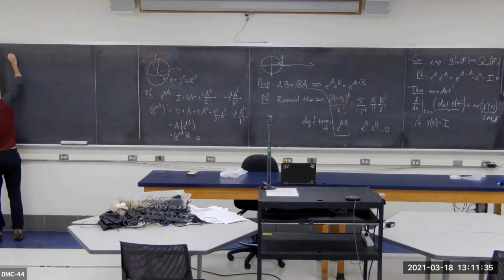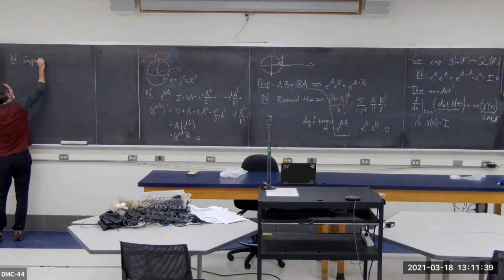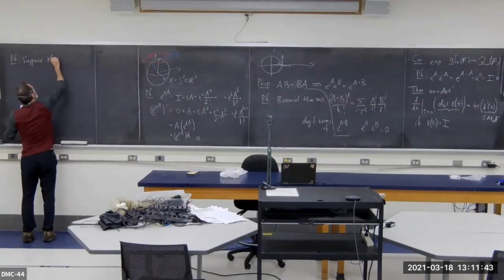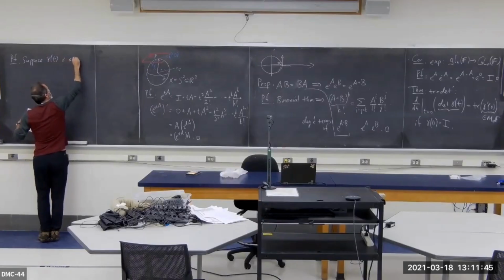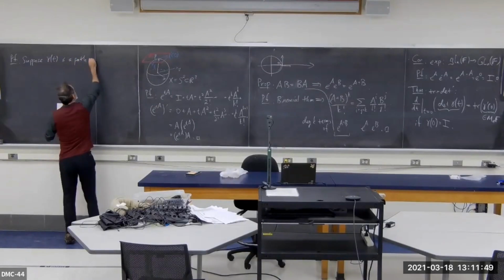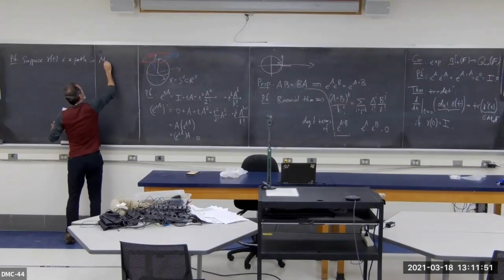So let's start by writing this part of the proof. Let's just suppose that gamma of t is a path in the n by n matrices.